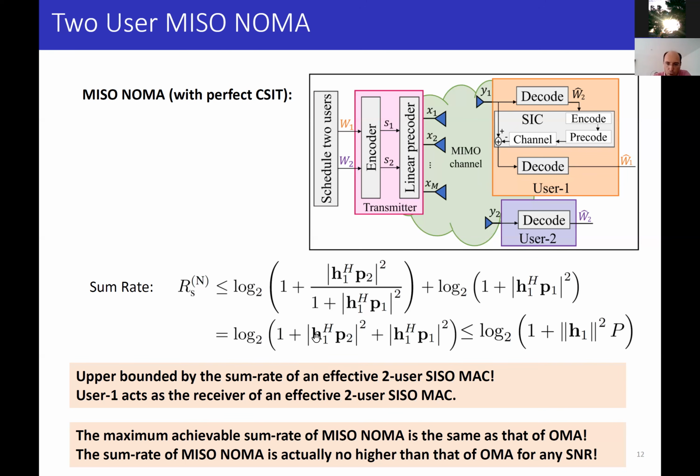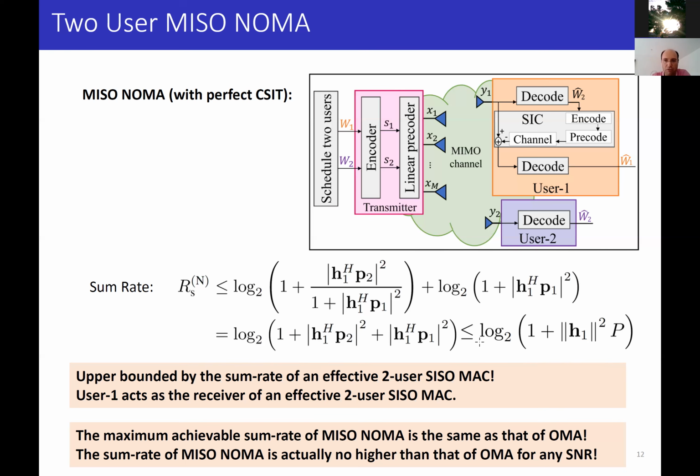We can further upper bound this and show that actually this is smaller than log2(1 plus the norm of H1 multiplied by P). And so what is this? This is simply the rate you would have got if you do OMA, orthogonal multiple access. So from this expression, you can see two things. On one hand, your sum rate of MISO-NOMA is no larger than the sum rate of OMA.